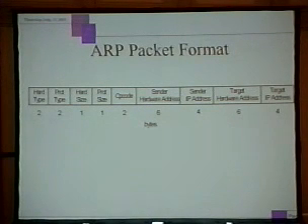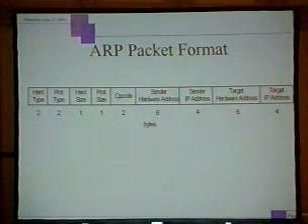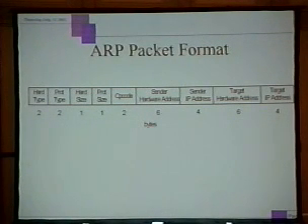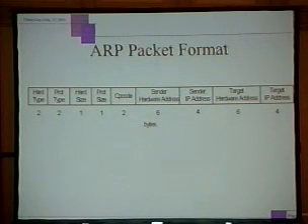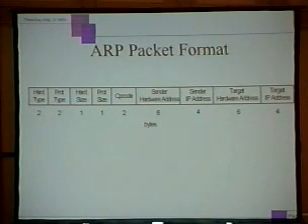The next 1-byte field, the hard size, is the number of bytes in the hardware address. The next field, also 1 byte, is the number of bytes in the protocol address. In our case, we're talking about Ethernet and IP, so for the hard size, that's 6 bytes, and for the prot size, it's 4 bytes.